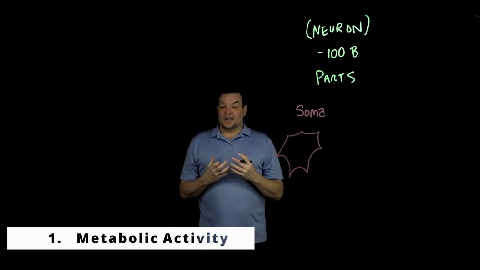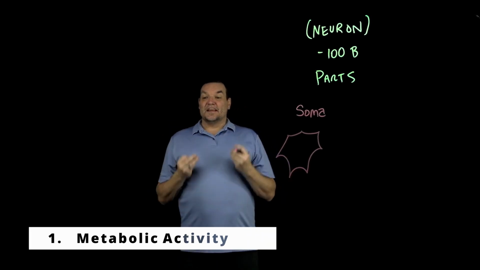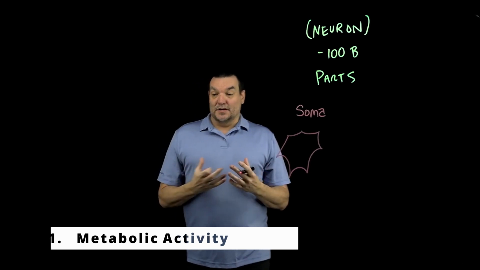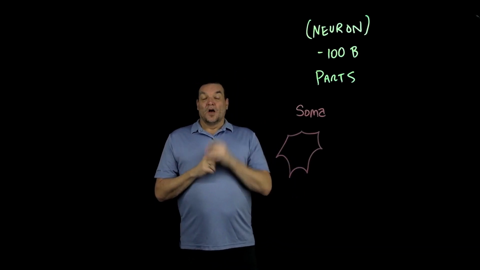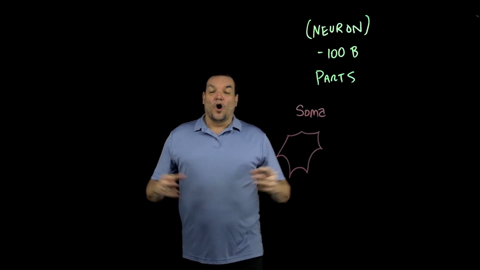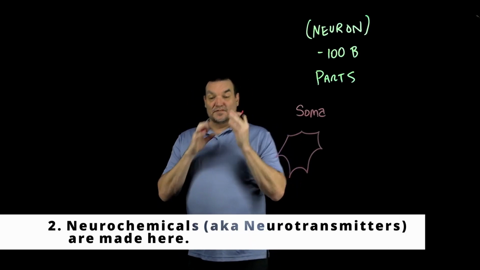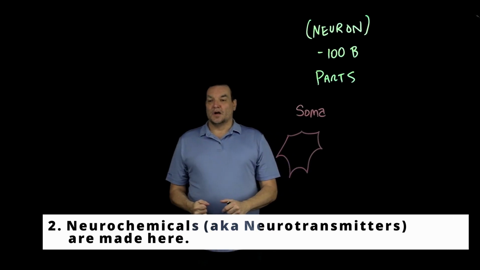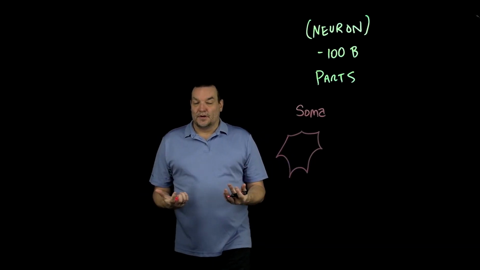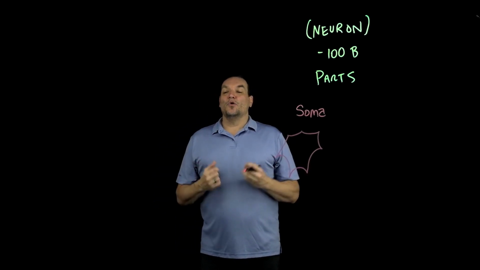The energy that you are storing and the energy with which you animate the human brain is happening thanks to this soma. Also inside this soma are neurochemicals. You guys have heard of dopamine, serotonin, the feel-good chemical, adrenaline or norepinephrine. You've heard of acetylcholine.